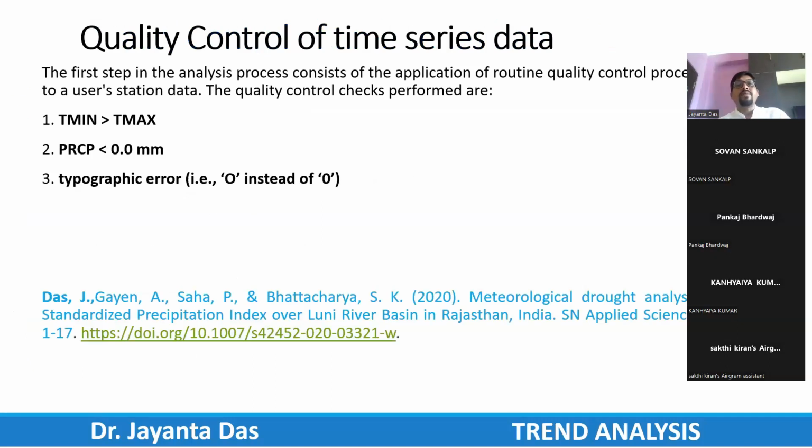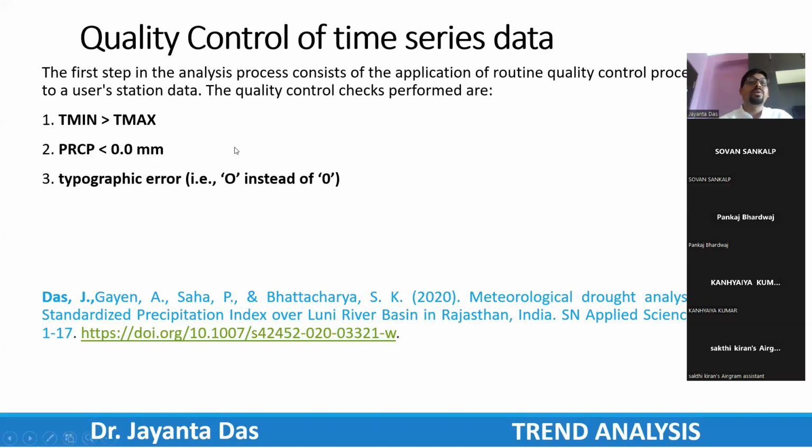So let's start with the quality control of time series data. This is the most important part. If you get some station data, you can face this problem, because sometimes you can find typographic errors. Sometimes you can find the letter O instead of 0. And your software, Excel or any software, doesn't recognize the difference between 0 and O. So we have to identify this problem.